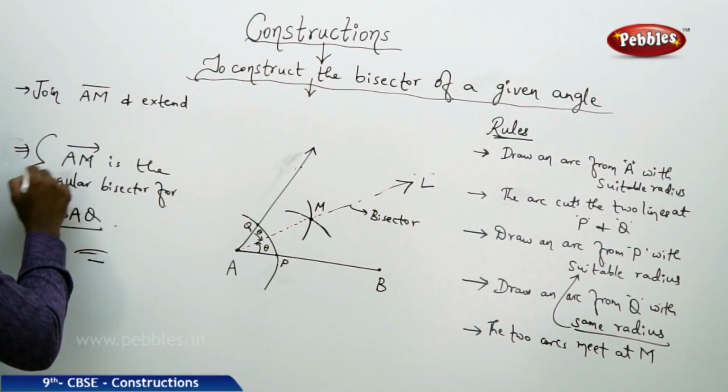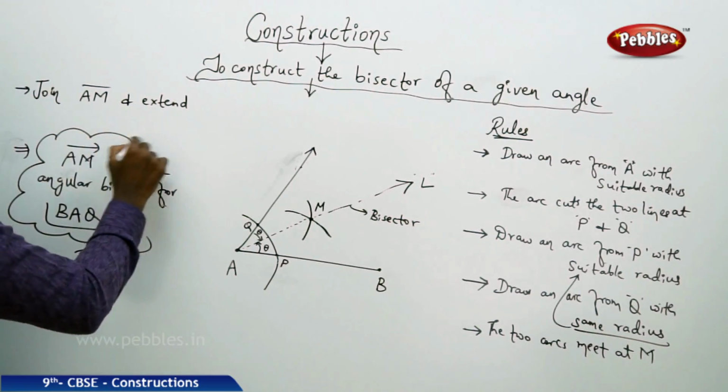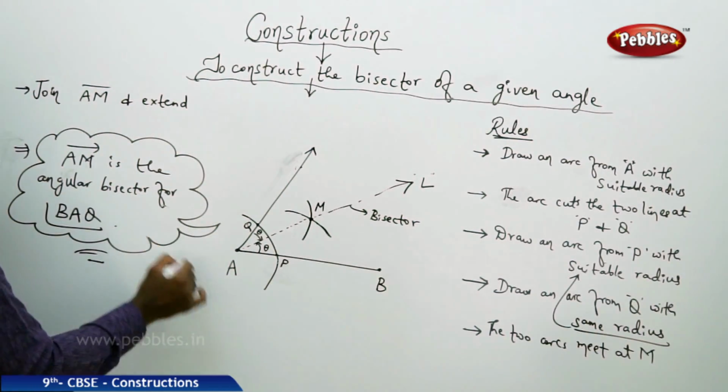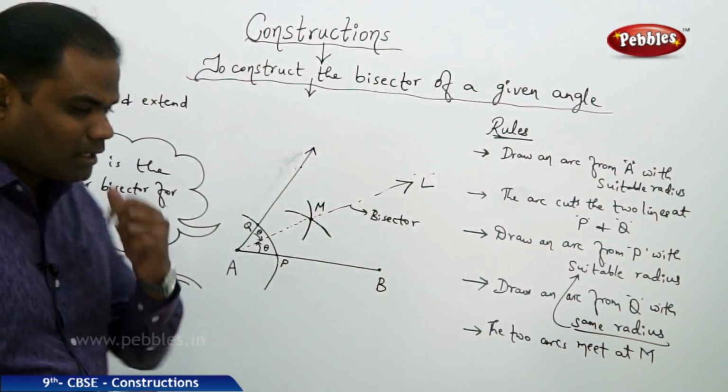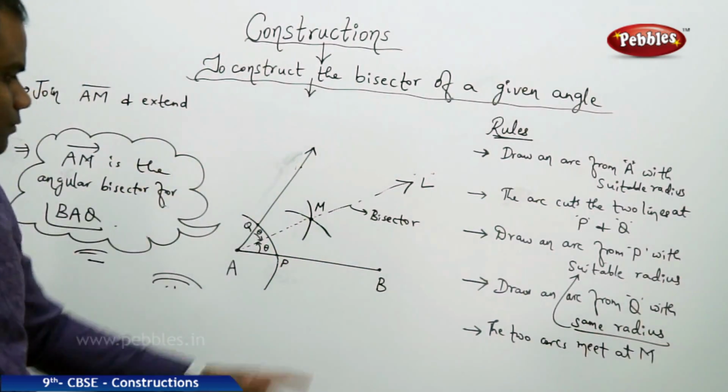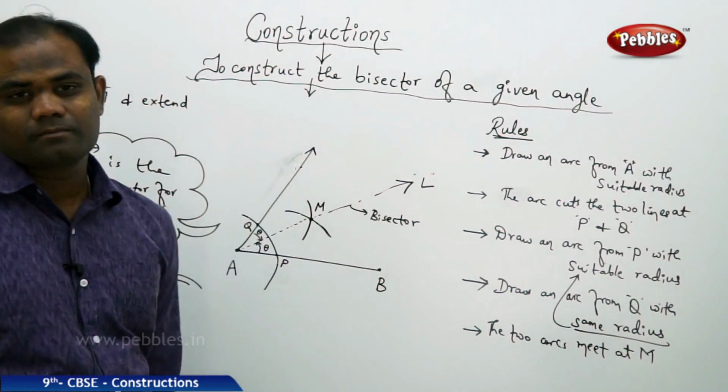That is how we understand the concept. AM is the angular bisector for angle BAQ.